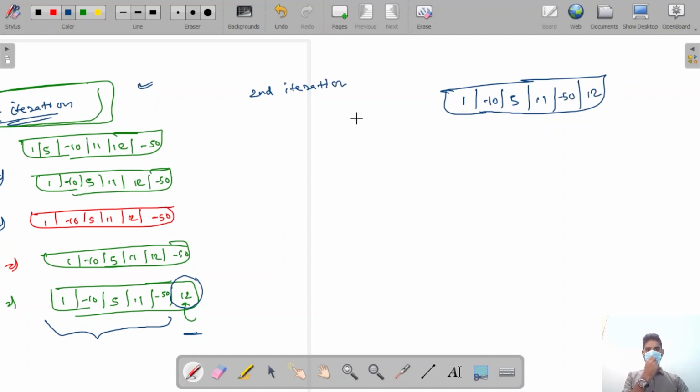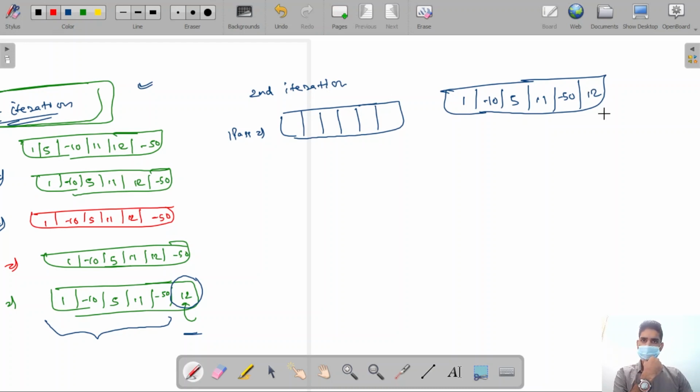Okay, this is our array. Now first pass: 1, 2, 3, 4, 5, 6. We will not consider this last one, I'm making a cross, because 12 is at its correct position.